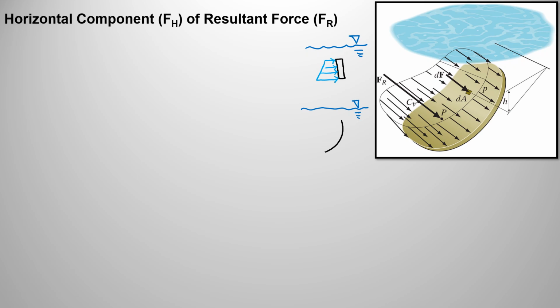So if this is the pressure over here, then a little bit below that it should be perpendicular. So it would be something like this. Over here, it would be something like this. Over here, something like this. So in addition to the magnitude of pressure, the direction of pressure will change as well.